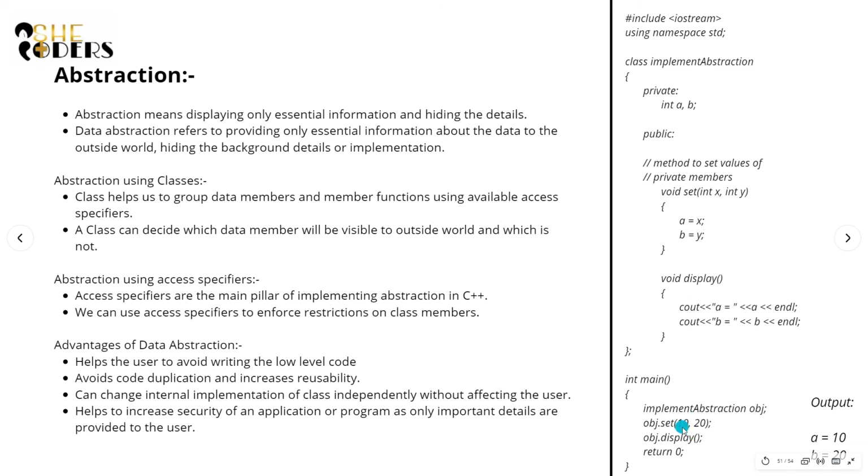If we want to change the values of A and B, we pass the parameters to the set function. But if we write obj dot A or B here, it will raise an error, because A and B are private members and cannot be accessed from outside the class definition, that is, inside the main function or anywhere else outside.